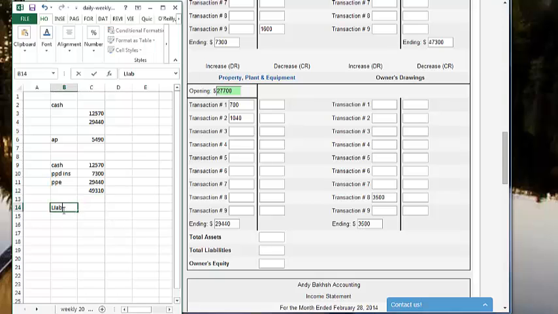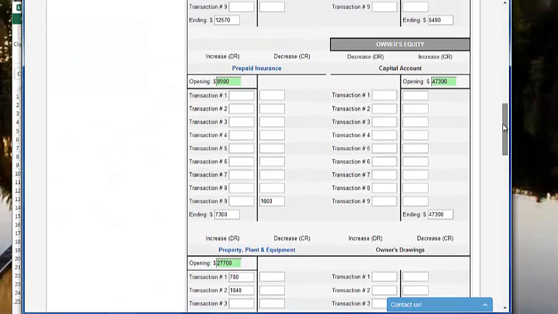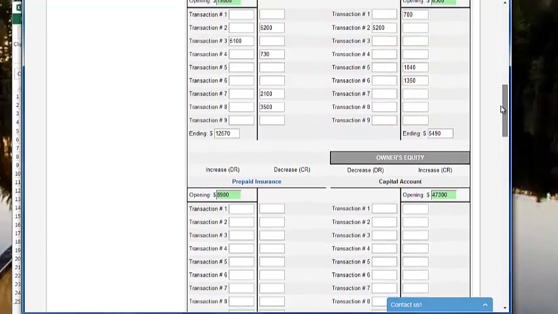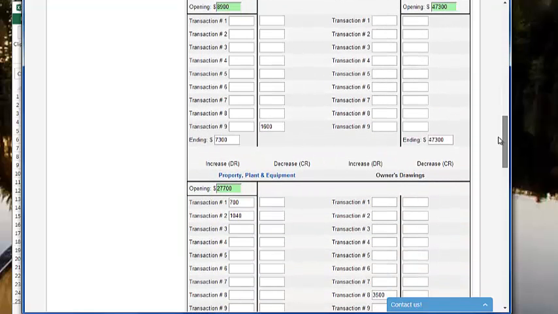Liabilities, we have accounts payable. Accounts payable was 5,490. Just take a quick glance to make sure it makes sense. 5,490 sounds good.